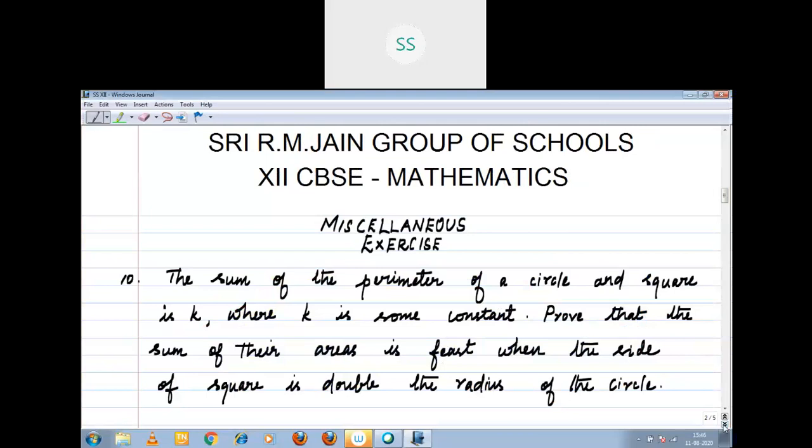Then what they are asking to prove: the sum of their areas is least. Least means minimum, right?